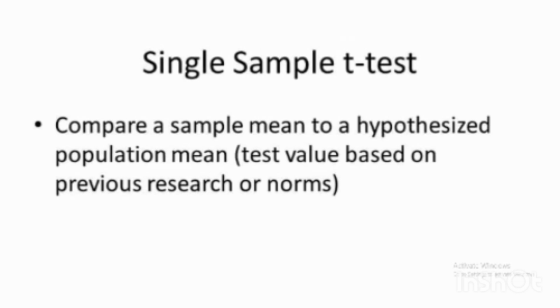The first type of t-test is the single sample t-test. It compares a sample mean to a hypothesized population mean, that is, a test value based on previous research or norms.